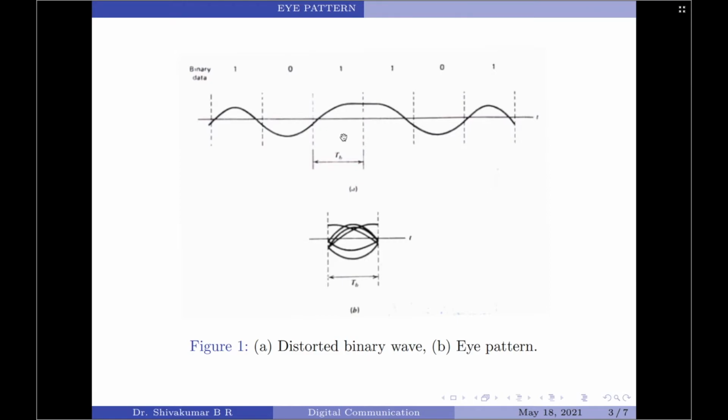When we apply the received signal to the vertical deflection plates and a sawtooth wave at the same transmitted symbol rate to the horizontal deflection plates, the waveforms in successive symbol intervals are translated into one symbol interval and the resulting display is called an eye pattern because of its resemblance to the human eye, particularly for binary waves.